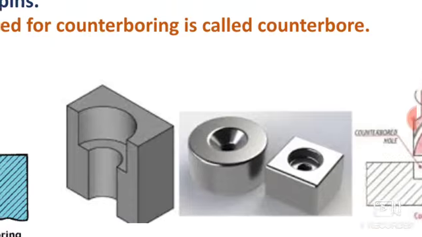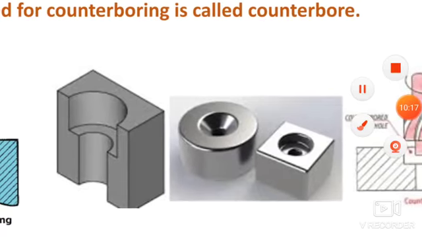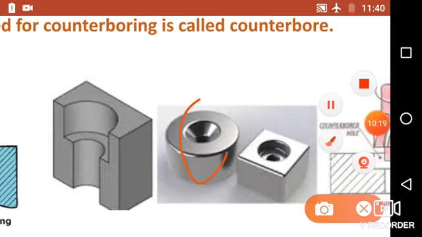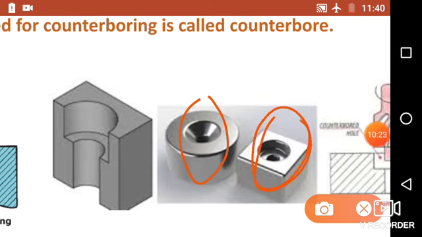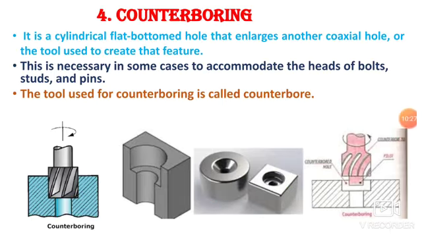Just neglect this image because this is not a counter boring operation, but this is a counter boring operation. After performing a counter boring operation, the workpiece will look like this. So this is all about the counter boring operation, and it is necessary in some cases to accommodate the heads of the bolt, stud and pins, and for that purpose only counter boring is done.